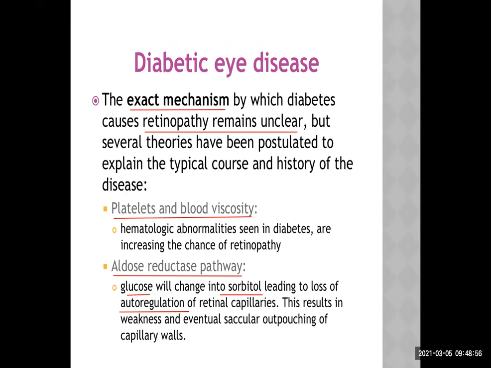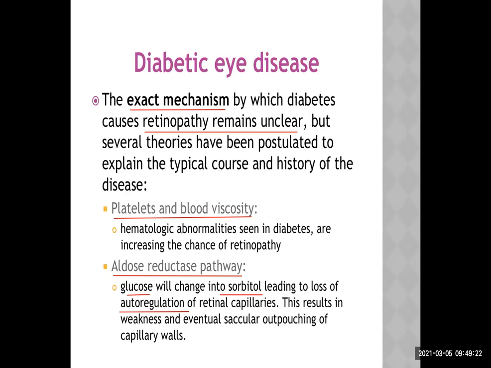Pericyte, you can remember that. Now, what happens? These pericytes cannot auto-regulate the functions of this capillary. As a result of that, the capillary will become weak in that particular area and they can develop aneurysm. They can develop aneurysm. These are called microaneurysms, which are very common in case of diabetic retinopathy.